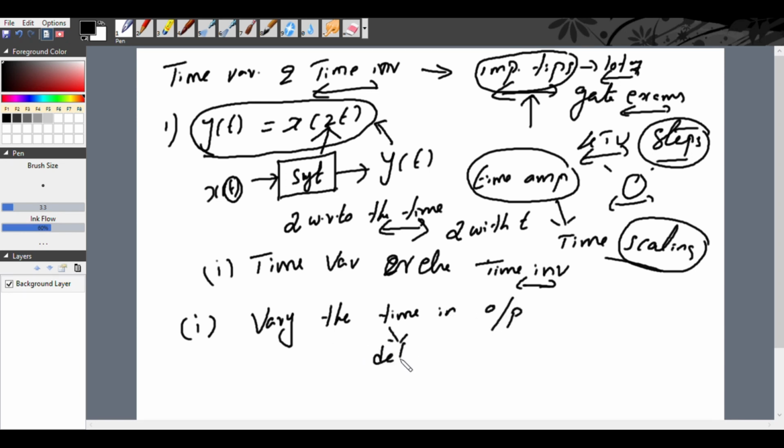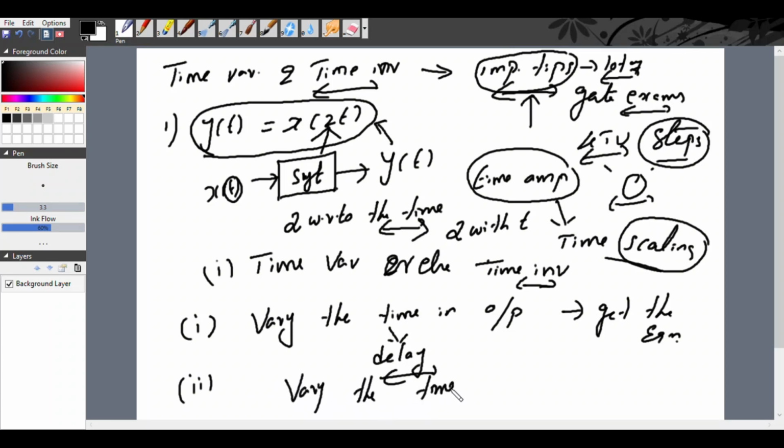What I meant is, give a delay on the output side, get the equation, okay? And second step is vary the time on the input side. That means provide a delay on the input side, get the output equation, okay?